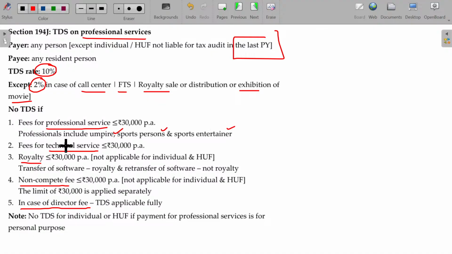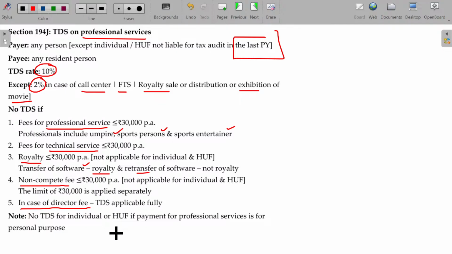Some technical service you can do, for that you will get the fee, computer related technical services and all. And royalty, you may get the royalty by transferring the software. Transfer of software is a royalty. Retransfer of software is not royalty. First transfer will be considered as royalty.